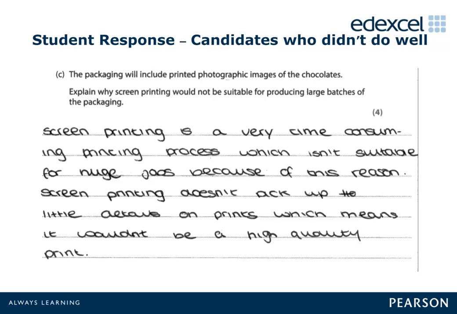The lower achieving candidates presented responses which were similar to the example shown. There are 2 valid points identified, namely, the process is time-consuming and that screen printing does not pick up little details. Neither of these statements are explained, hence no further marks are awardable. The candidate has continued to state that it wouldn't be a high-quality print.